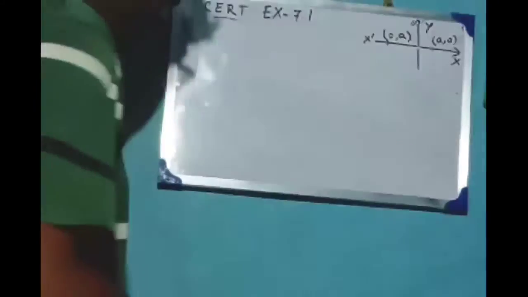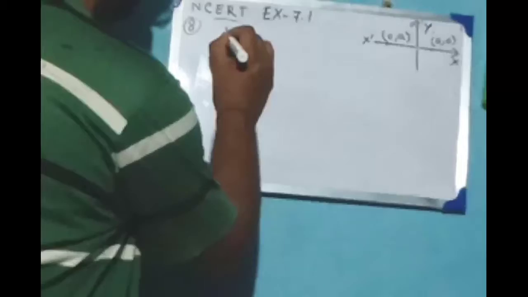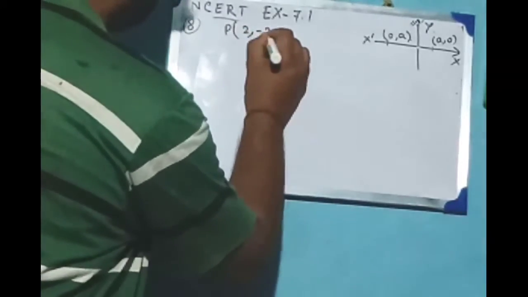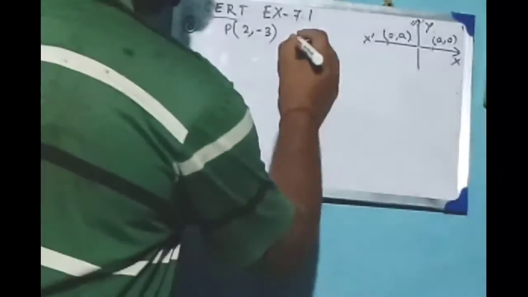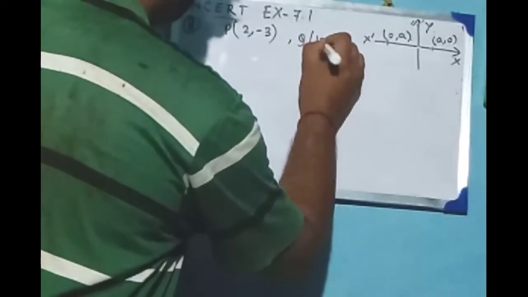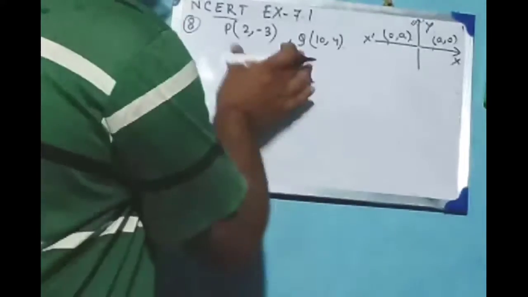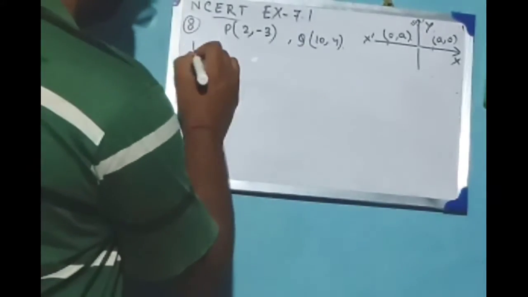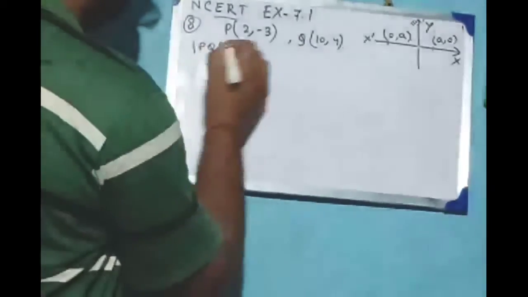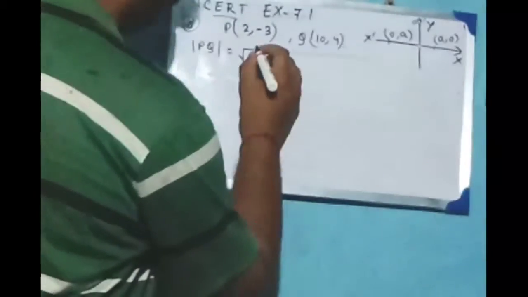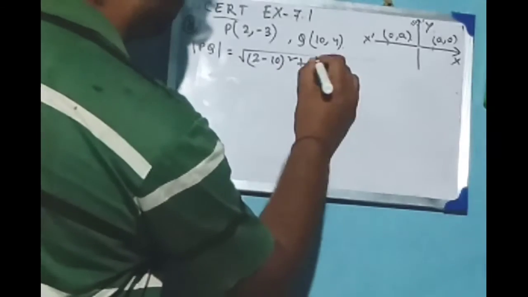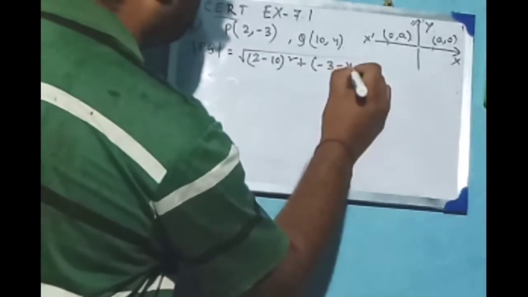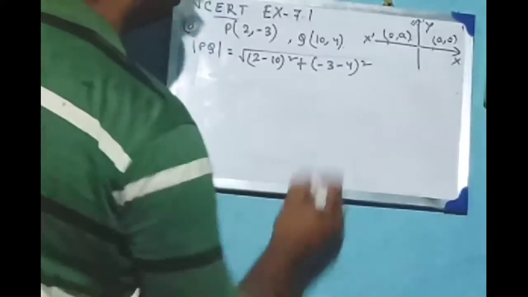So in question number 8, the two points given here are P (2, -3) and Q (10, y). The distance between these two points, modulus of PQ, equals root under of (2 minus 10) whole square plus (-3 minus y) whole square.